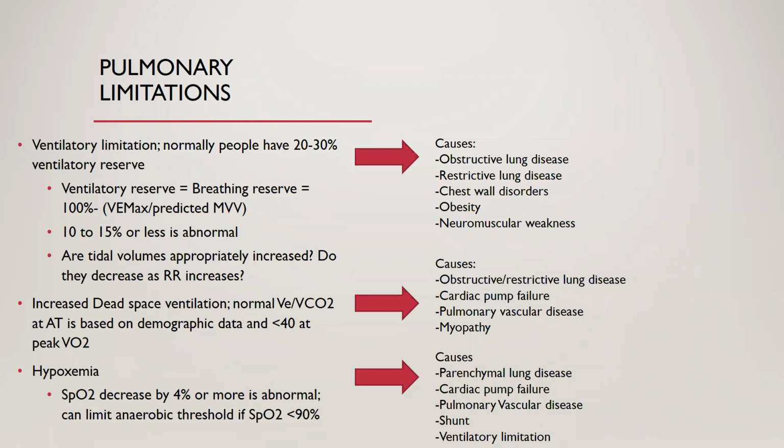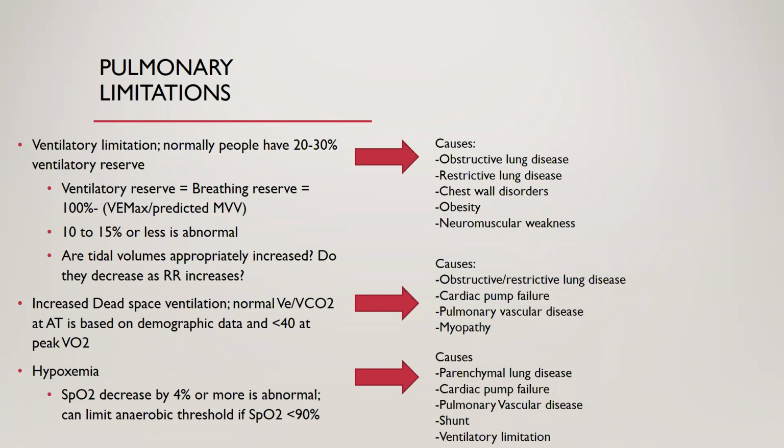Dead space ventilation, you kind of add in some issues because VQ mismatching involves perfusion. So you add in some perfusion components to what was previously with the ventilation limitation. So you're going to take that lung disease, add on cardiac pump failure, pulmonary hypertension, and keep on the myopathies there. And then hypoxemic, again, I don't need to teach you guys what causes hypoxemia. It could be anything, right?